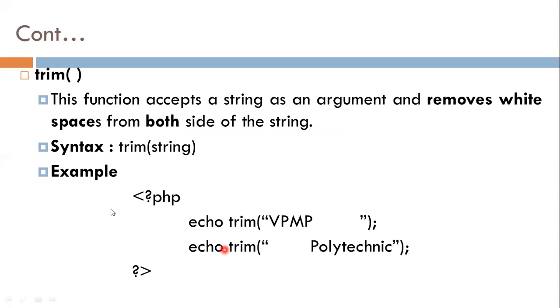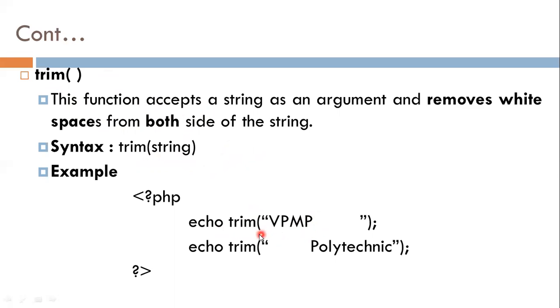Now next function is trim. This function accepts a string as an argument and removes white space from both sides, left and right, of the string. Similar to other functions, it takes one string as an argument and trims all the space from the string. So here I write an example like this: echo trim vpmp.